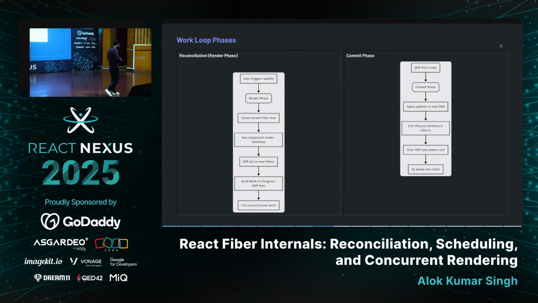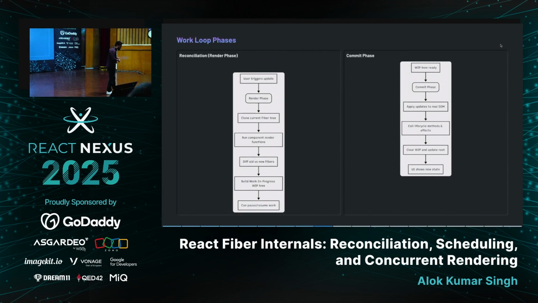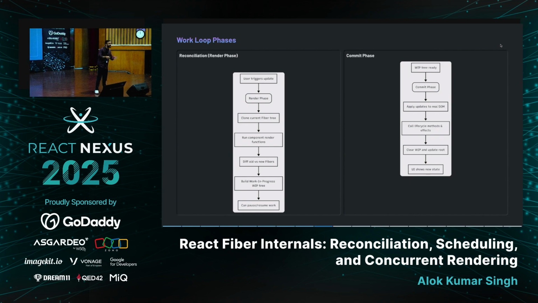The next one is work loop phases. This is the way React renders your UI on the screen. It does it in two phases. The first one is the reconciliation phase, and the second one is the commit phase. So what is happening in the reconciliation phase? That is the render phase also. Whenever you update any state, it will trigger the render phase.